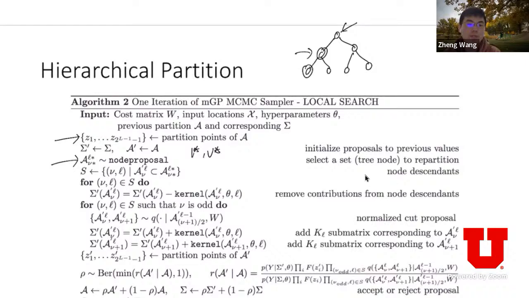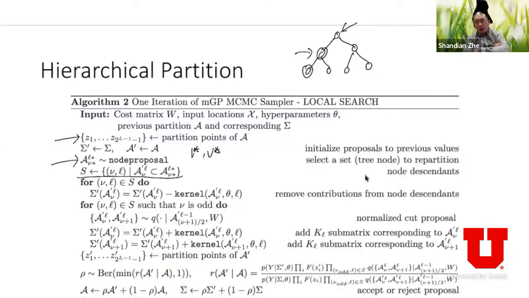You just extract the selected node and find which partition is in the selected partition and extract those indices as well, and then do the repartition in the same way as the global search. But in that way, you just okay, they select the tree node to repartition. But L star, V new star, what is that? It's node proposal.